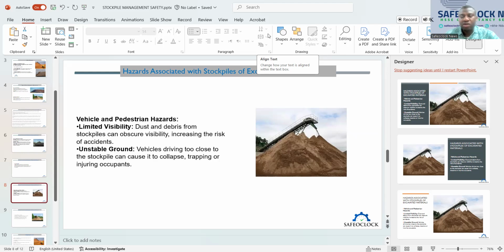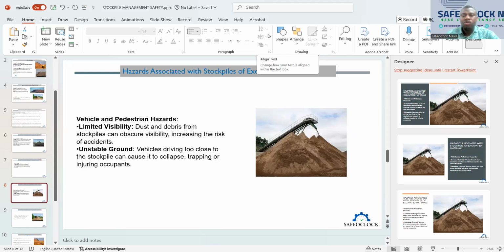Unstable ground. During tipping of the materials, I have seen situations where the truck had to overturn due to unstable ground. This is one of the incidents that we witnessed during my work in that stockpiling area.